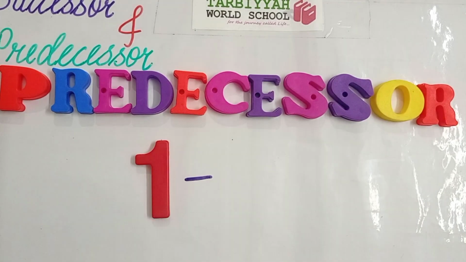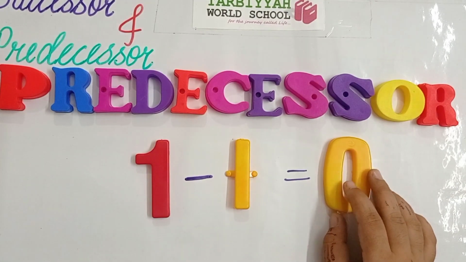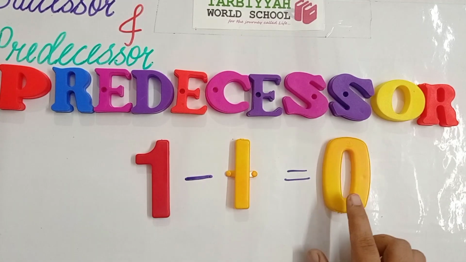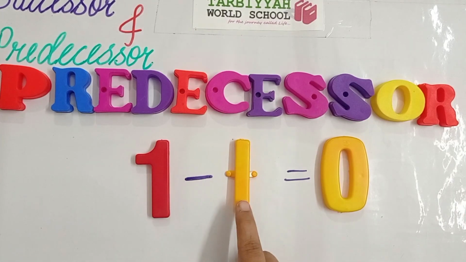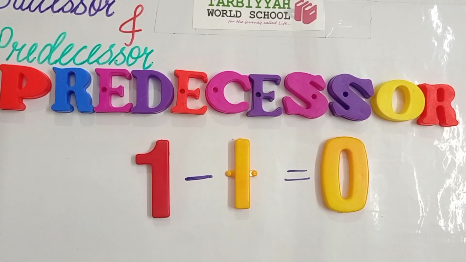So we have to subtract 1, and then we get the number 0. So the predecessor of 1 is 0.